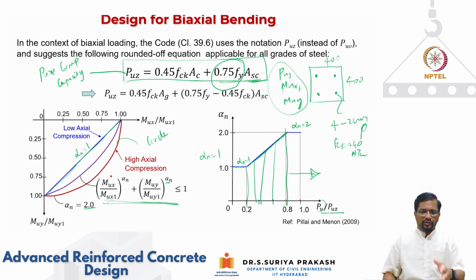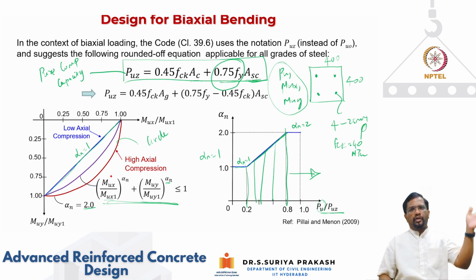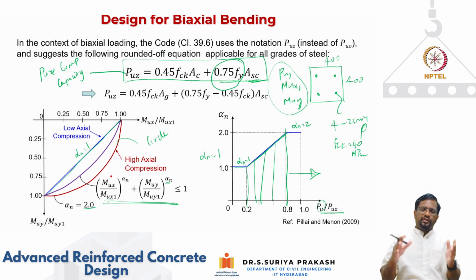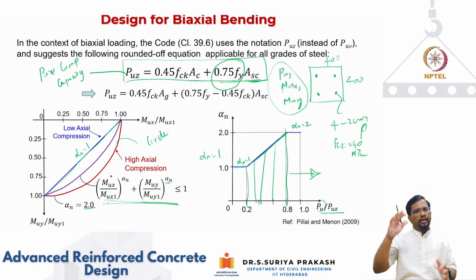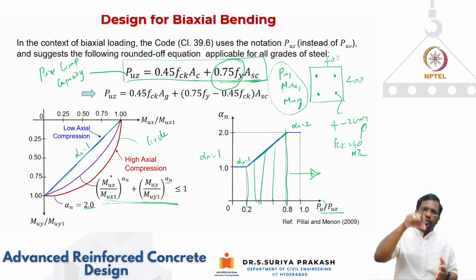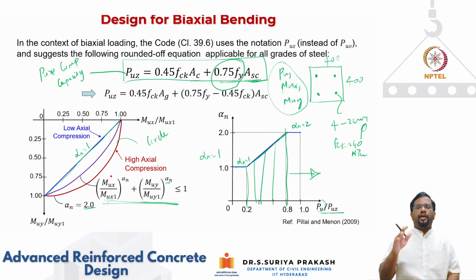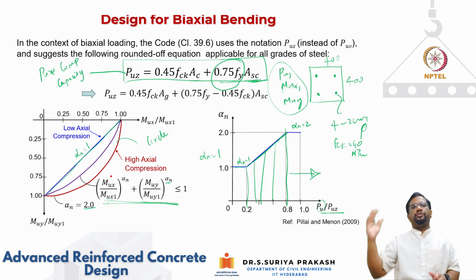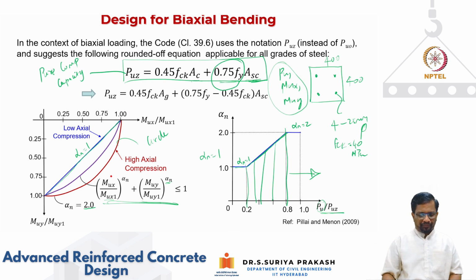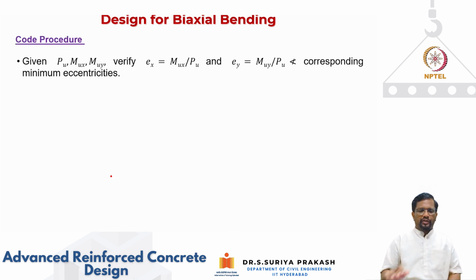So this is using the load contour method. Another approach, if you have a program using strain compatibility, is to calculate the entire surface and put in all the demands, and find out whether the demands fall within the surface or on the surface. It should not go outside the surface, right? Okay, so this is the code procedure.